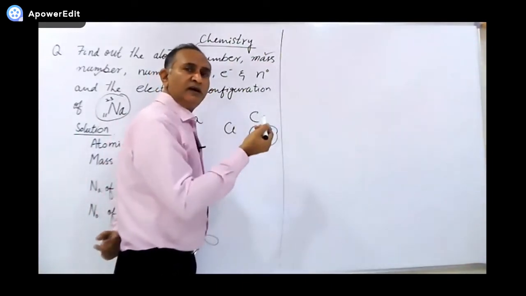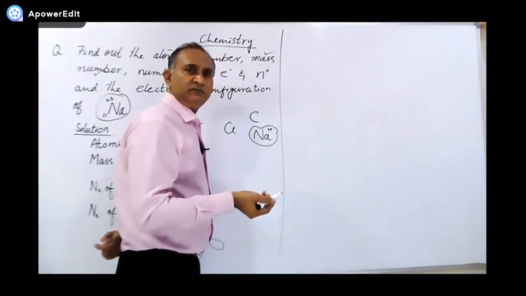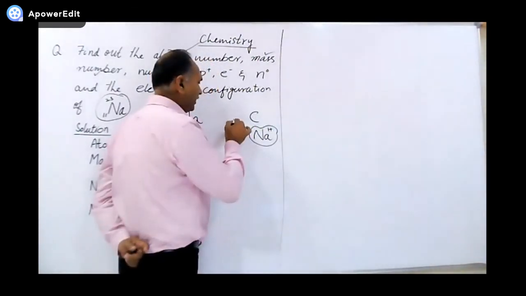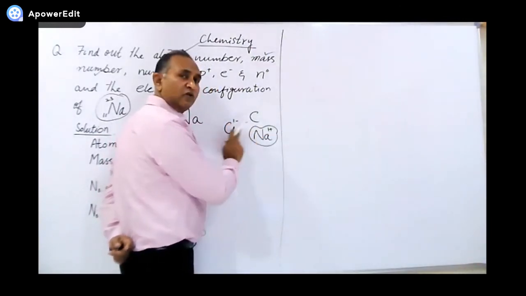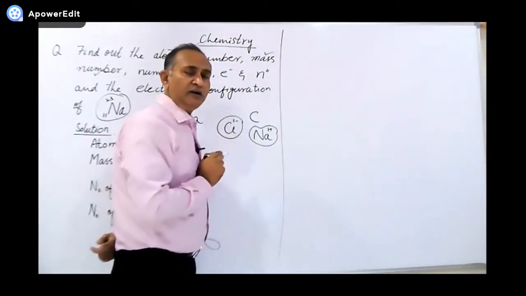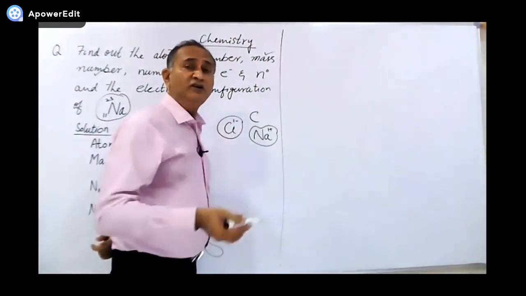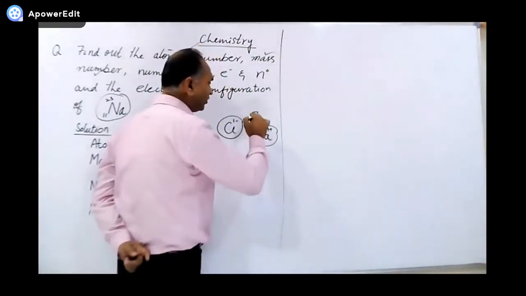It will become an ion. Similarly, if we have a charge over here, could be positive or could be negative, these two will now be called ions. These are not neutral. Neutral means no charge at all. So in this case, only this one is neutral.